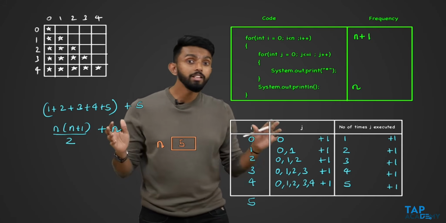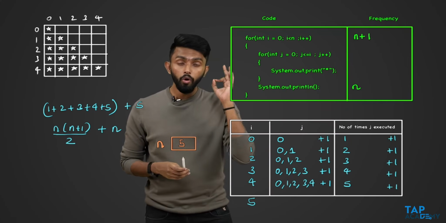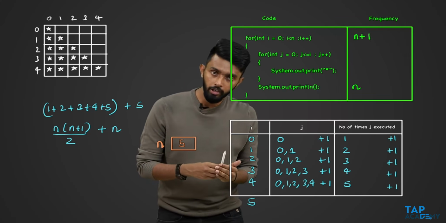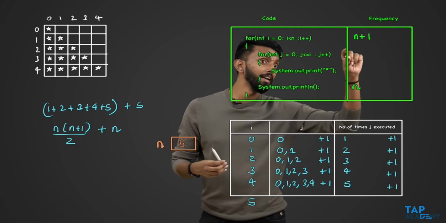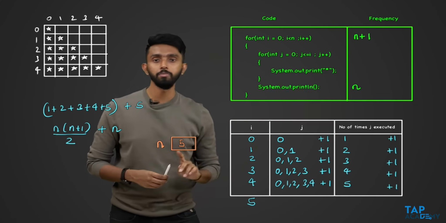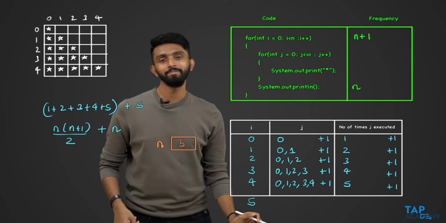Which means in general, the inner loop is going to execute n into n plus 1 divided by 2 plus n number of times. Not n times. If in case this was n, I would agree, but it is not n.